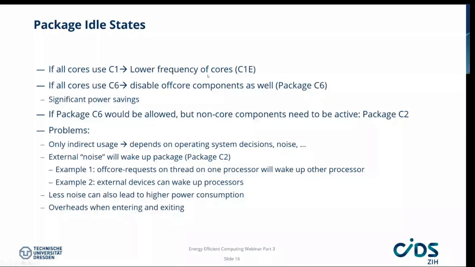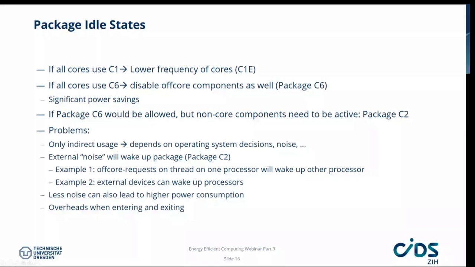Lowering the frequency of the cores can then lead to you having to wake up the core and then again change the frequency, which means that you lose some performance at the beginning of the next workload after the idle phase. So you might want to have a look into whether you really want to do that, and whether the saving in power here is worth the loss in performance.